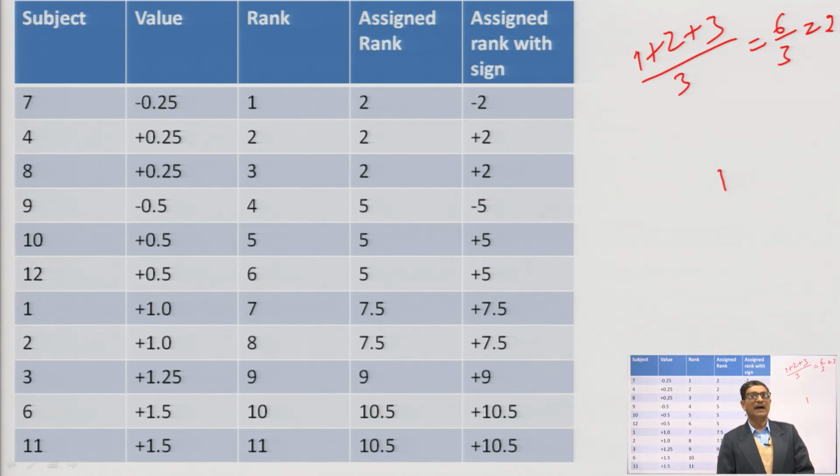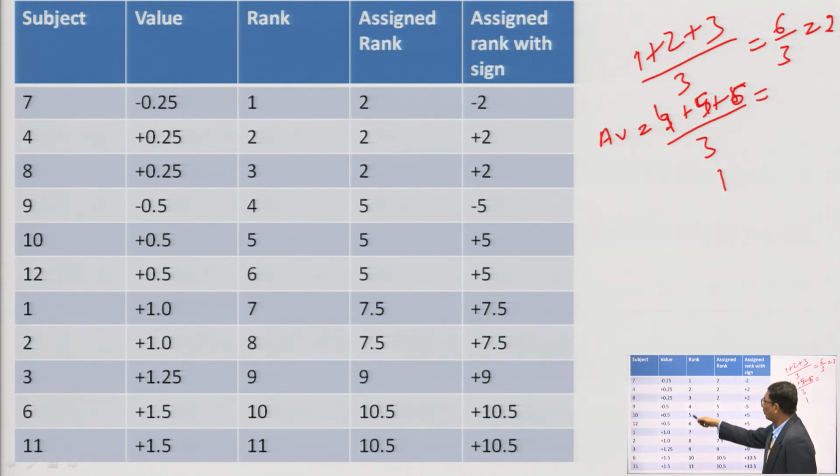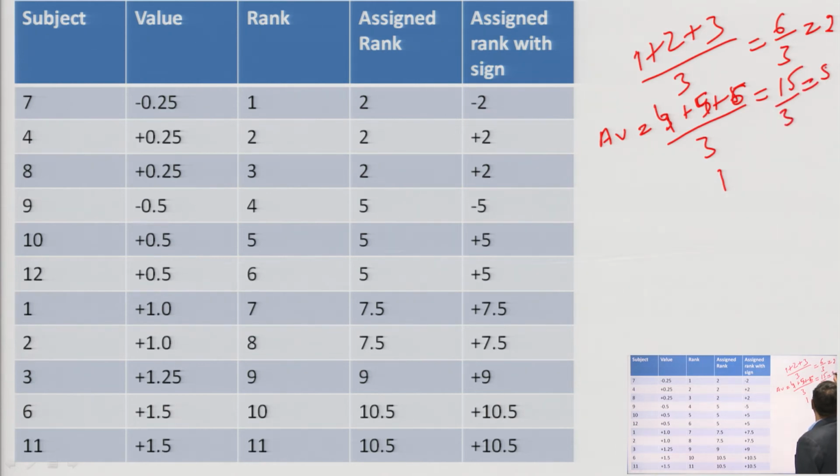So we again find the average rank for 0.5, which is 4 plus 5 plus 6 upon 3, that is 15 by 3, and so the rank for all the 0.5 values is 5, 5, 5. So this is the assigned rank.